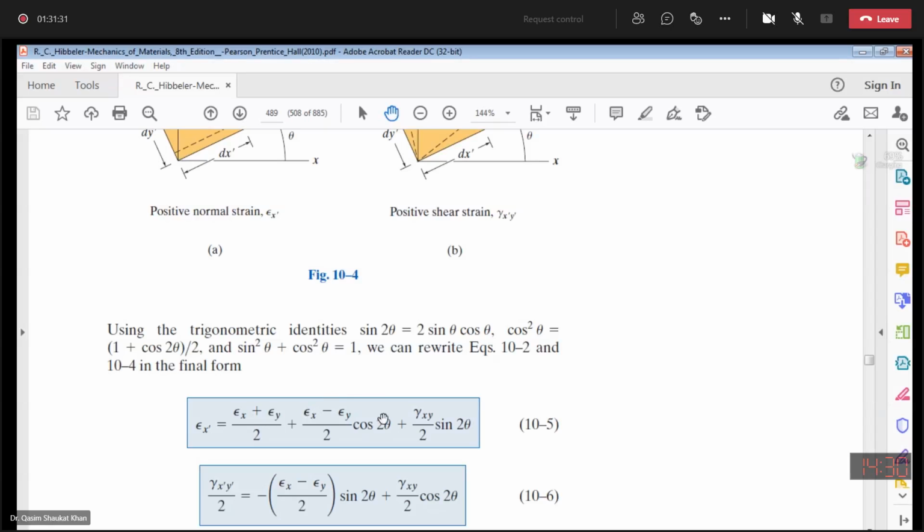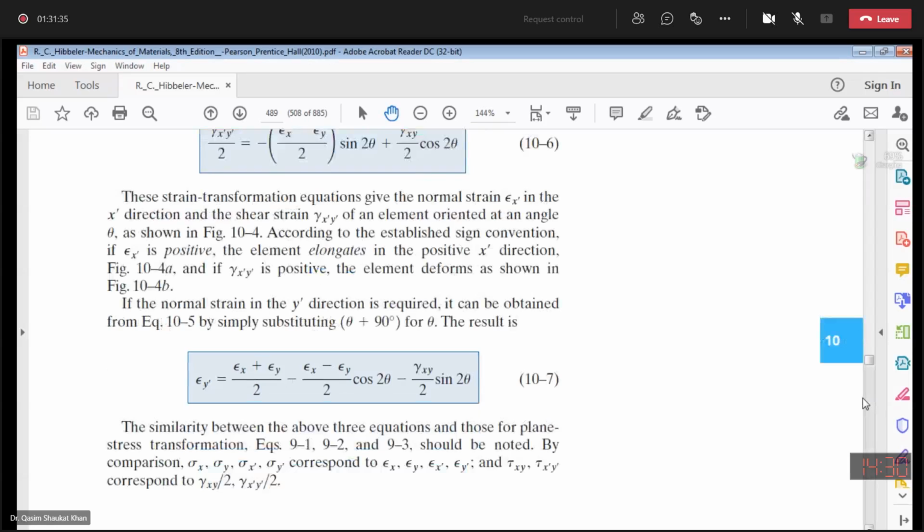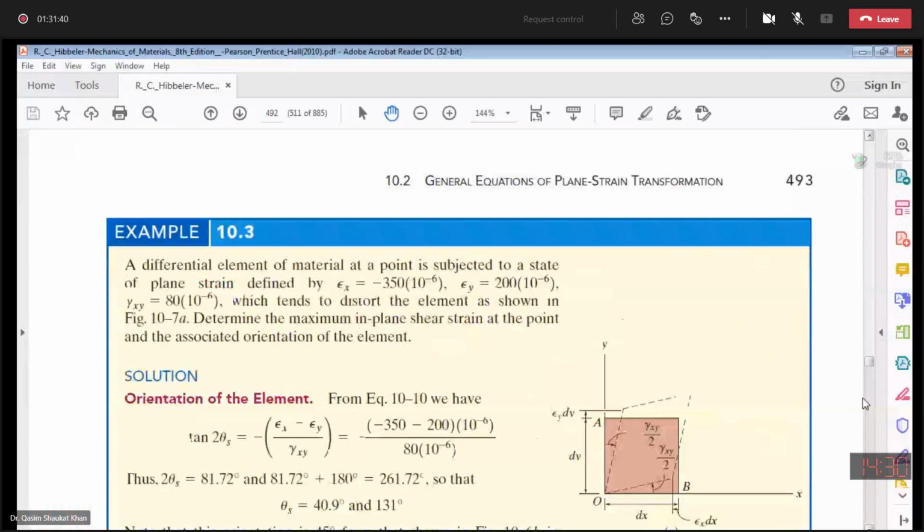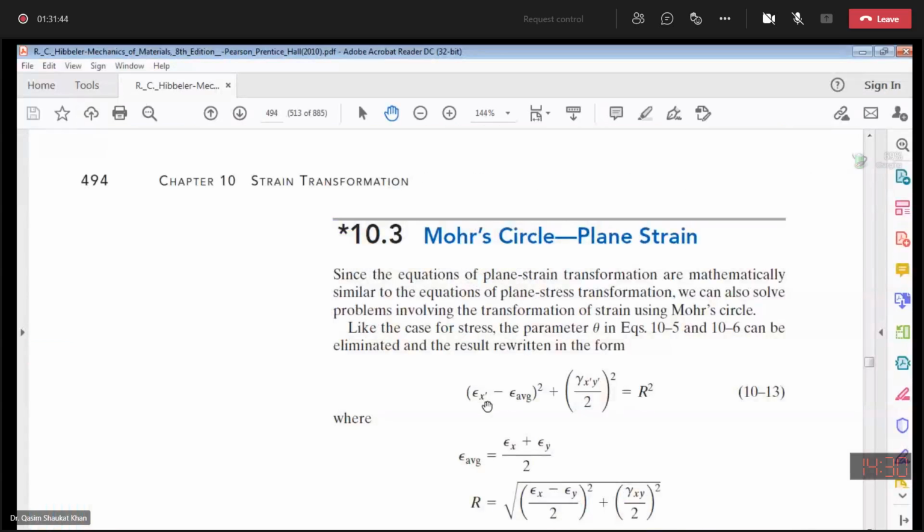You will add the two equations together, and after simplification you will get this expression.